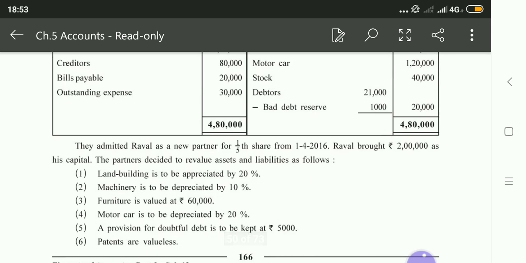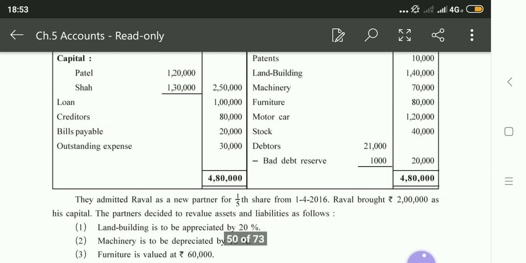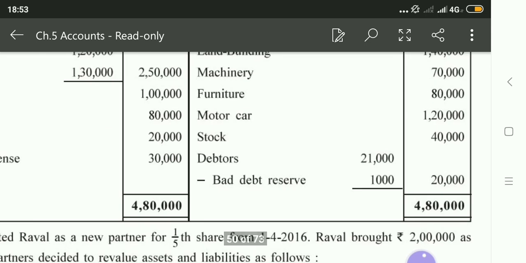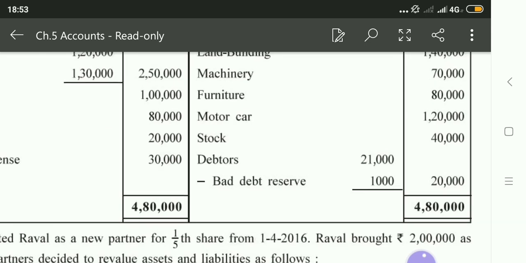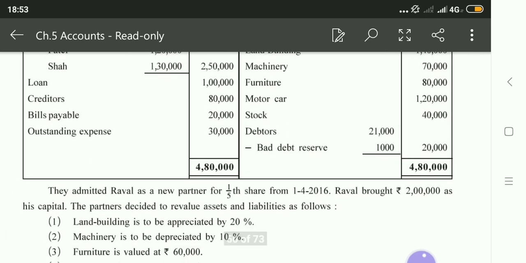Furniture is valued at 60,000. Understand what they are trying to say. Book value of furniture, here in the balance sheet, it is 80,000, I can see. And in the adjustment, they say now furniture is valued at 60,000. Understand the meaning.